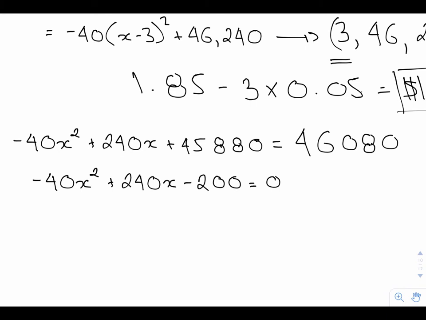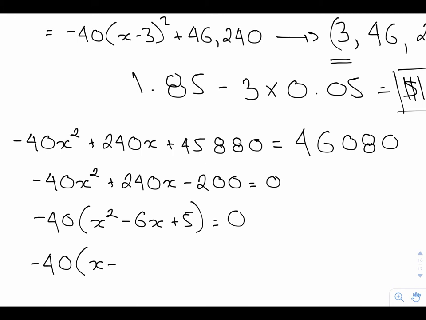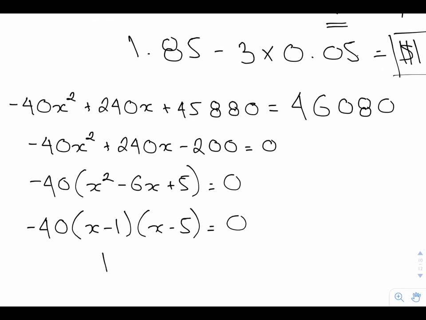Again, I'm going to try to factor this, because everything seems to be divisible by 40. So I get x squared minus 6x plus 5 equals 0, and this looks nice. I know that if I have two numbers, x minus 1 and x minus 5, they add up to negative 6 and multiply to give me positive 5, so my roots are 1 and 5.